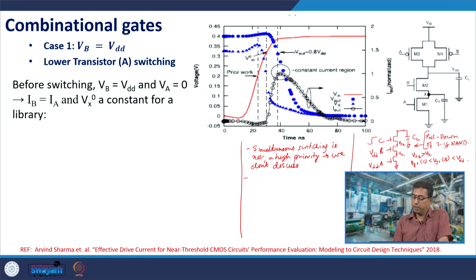And then we say that in the case where one of the inputs, say VB, is equal to VDD, and VA turns from VDD to 0, the output charges to VDD.